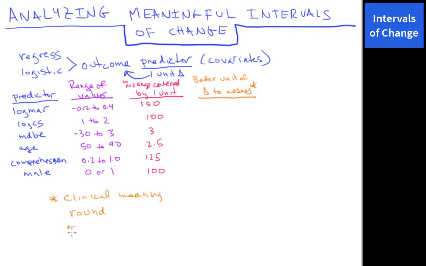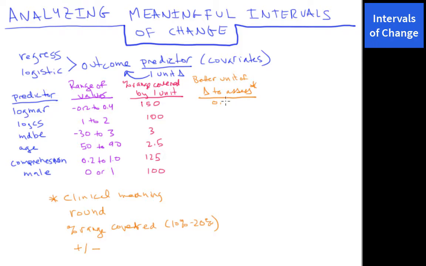We'll want to look at the percentage of the range covered. Typically I like to have a unit change which represents about 10 to 20% of the range of values in the data set. And then finally we're going to want to decide whether we want to look at positive change or negative change.